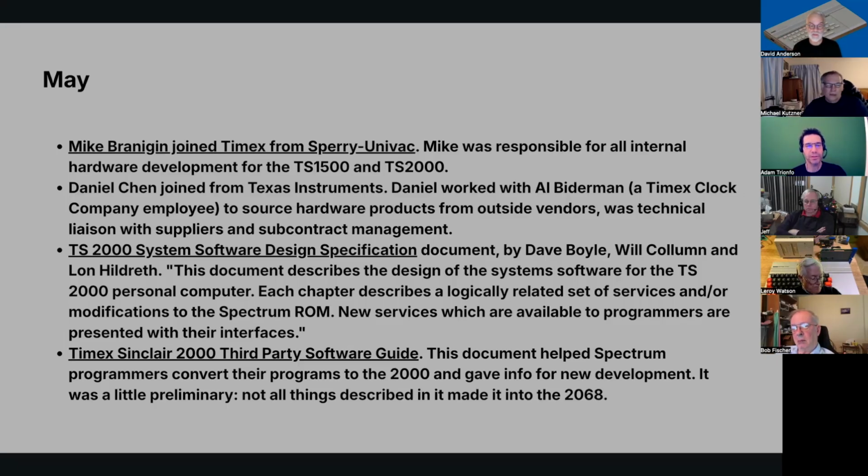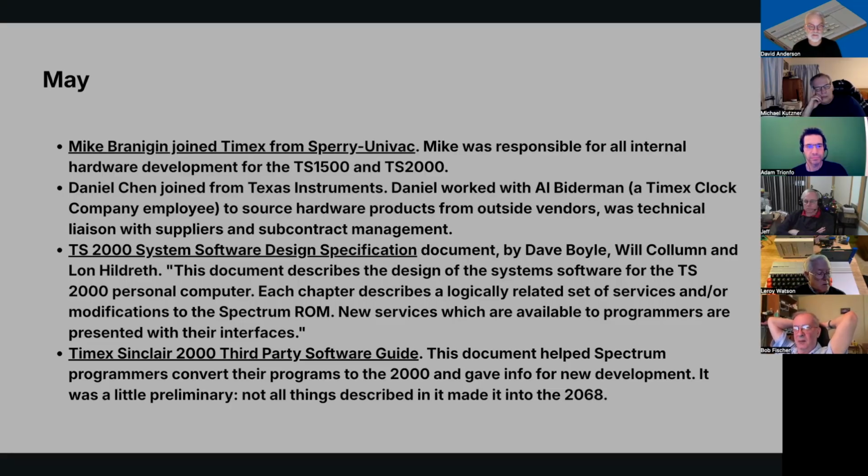I'm sorry, yes, both the 1500 and 2068. Another refugee from Texas Instruments joined, and his job was sourcing the hardware from vendors, technical liaison, that kind of thing.